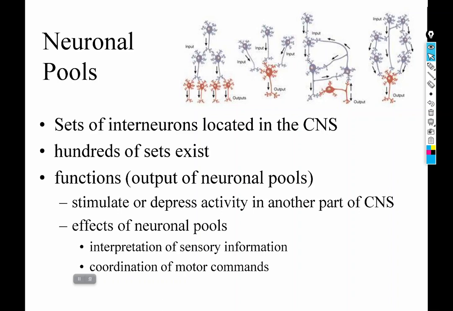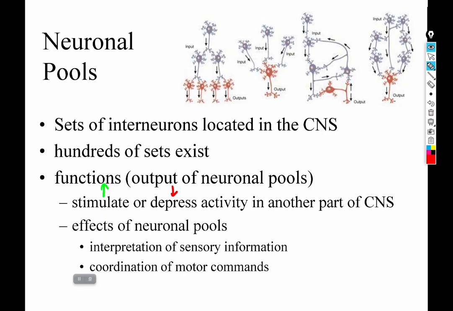But in general, the computations that neuronal pools are doing is using input, typically afferent information about internal or external conditions, and making decisions and computations about that input to produce some output, which typically is going to either stimulate, so upregulate, or suppress, downregulate, activity in another part of the CNS.